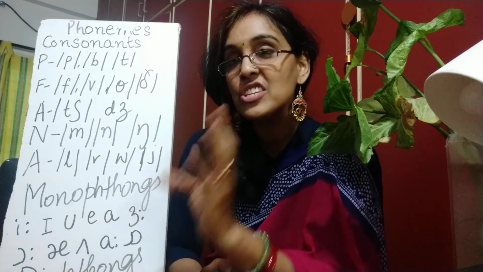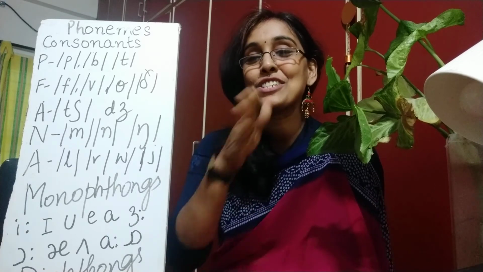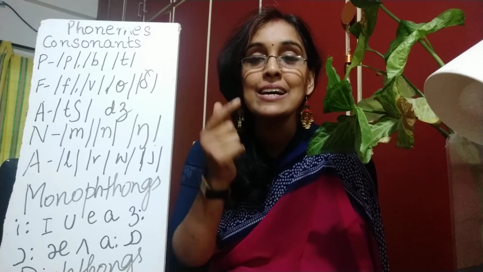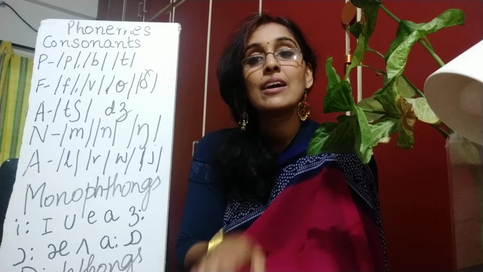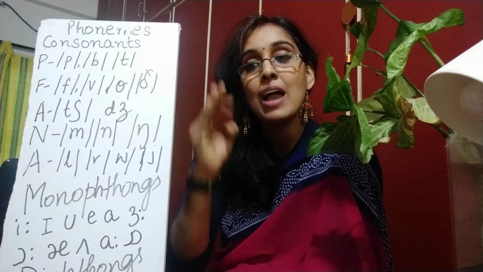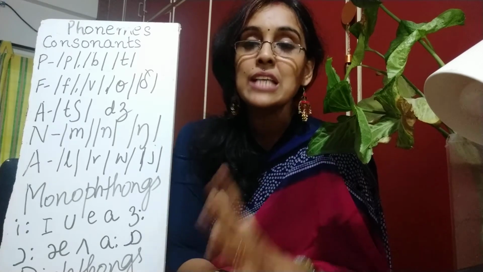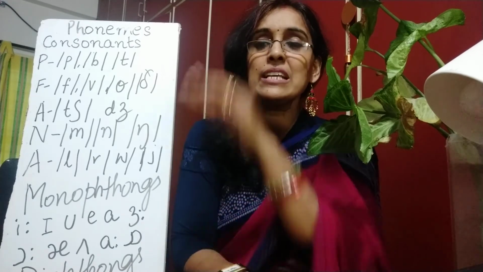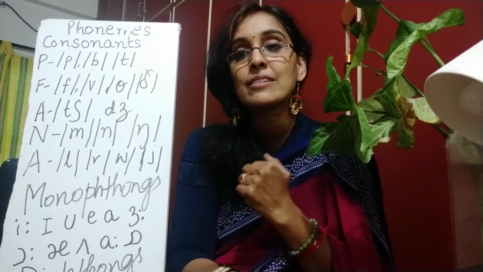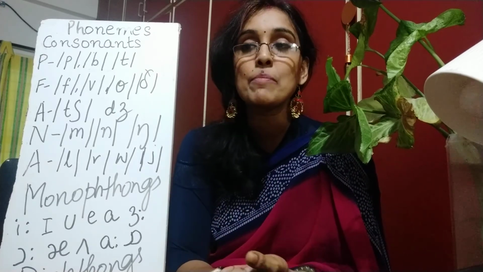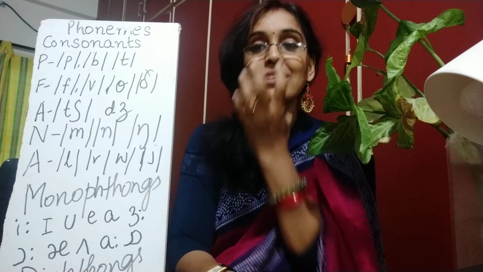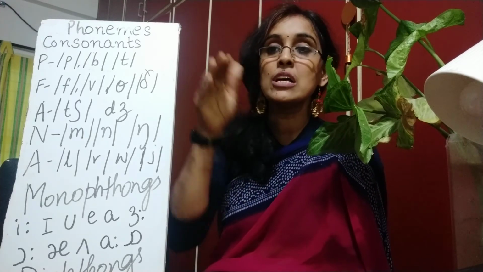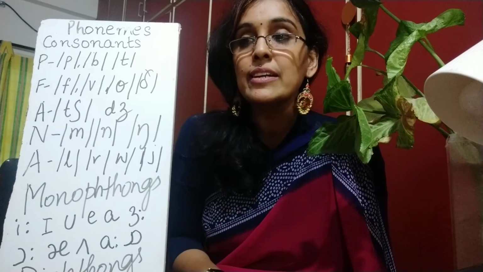In Hindi it is very easy: ya, ra, la, va we say. In English the order is a little different: la, ra, va and ya. These are the sounds under approximants. These sounds are categorized by the manner in which they are uttered and which part of the mouth is used to utter them.